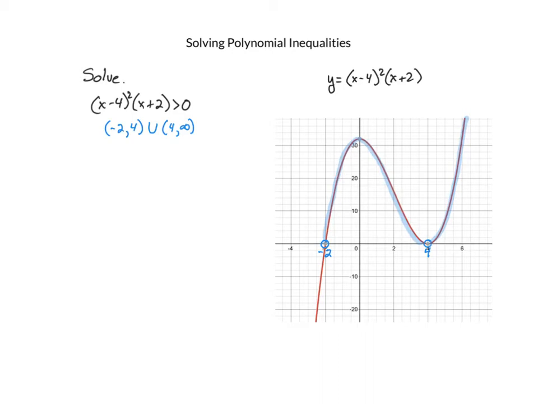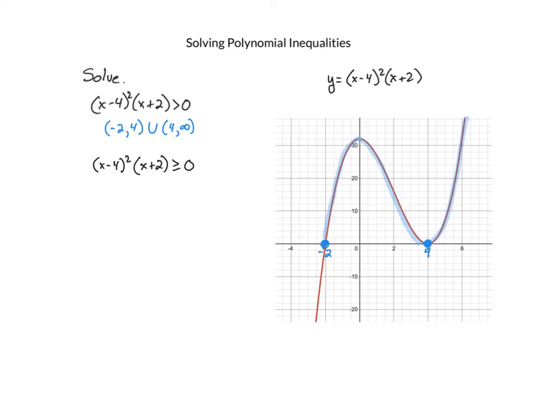Let's change the inequality slightly and make it this: (x - 4)^2 (x + 2) is greater than or equal to 0. The only way in which this one will be different is we will include the numbers where the function would actually equal 0. That means we're going to include the number -2 and we're going to include the number 4.